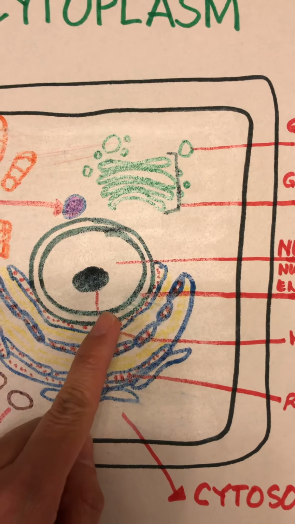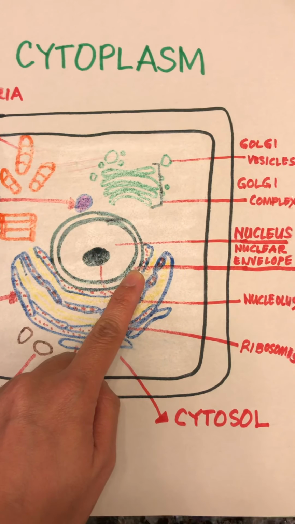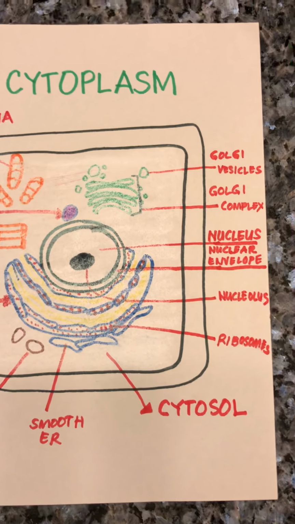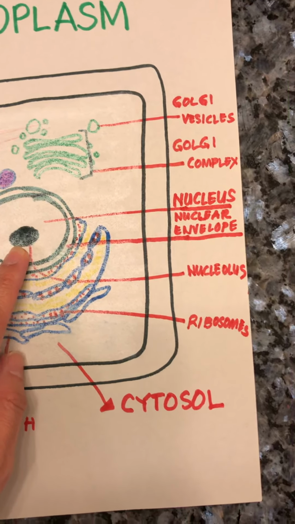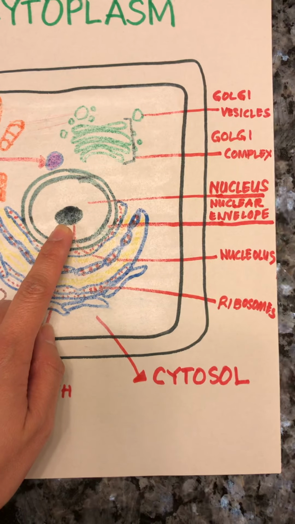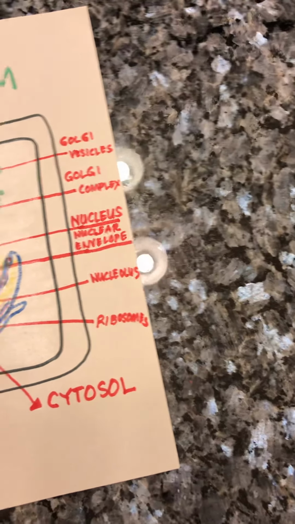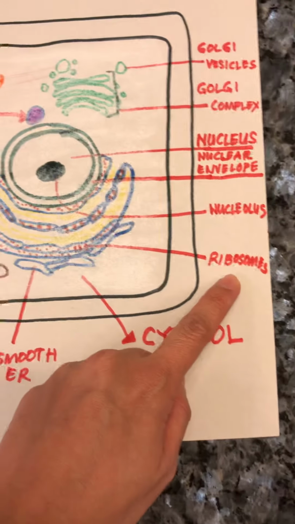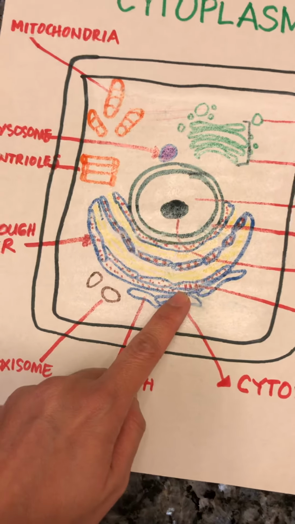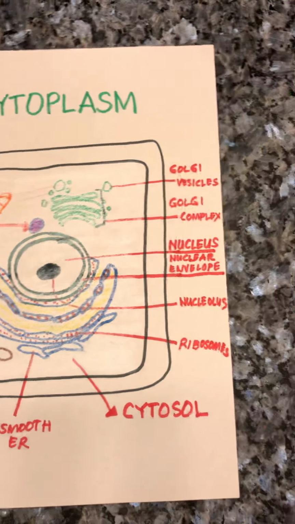So this is the nuclear envelope. The nucleus also contains the nucleolus. That's the nucleolus. And the nucleolus produces other organelles called ribosomes. And we'll get into that later on.